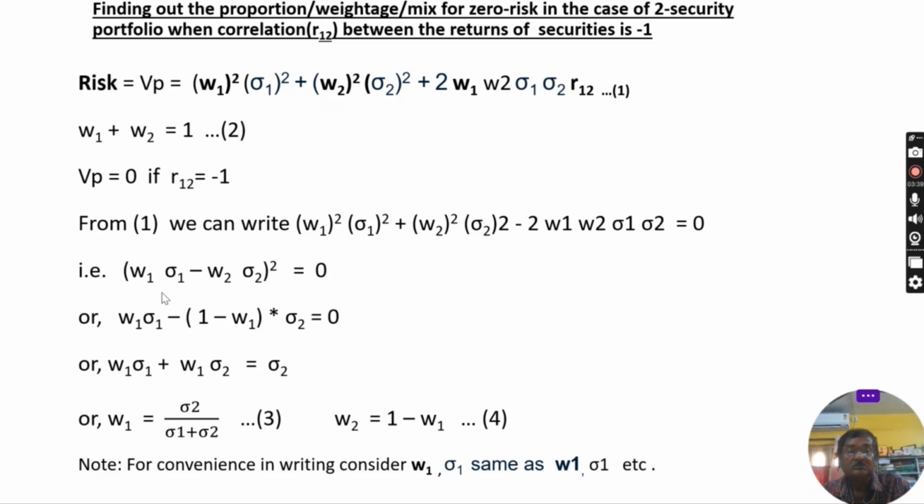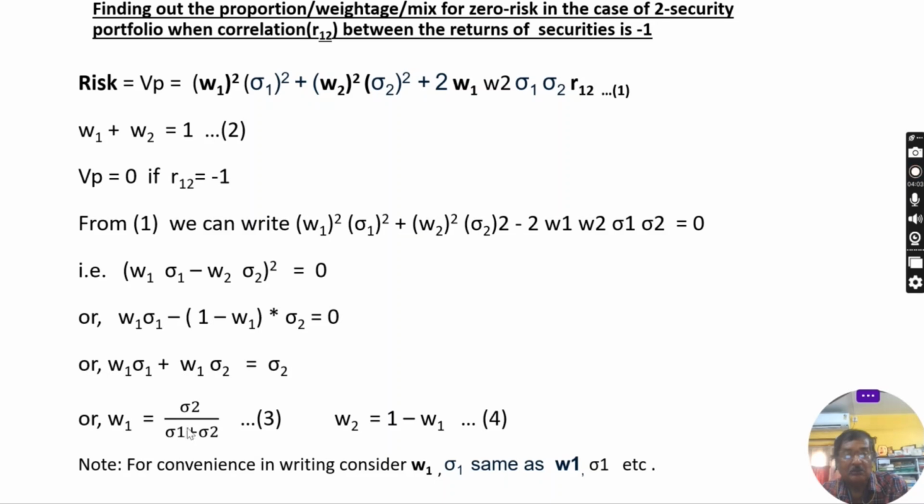Now just eliminate the square, then you will get W1 sigma 1 and W2 sigma 2. You just simplify it. Here I have put the value of W2 as 1 minus W1: W1 sigma 1 minus, in place of W2 I have written 1 minus W1.